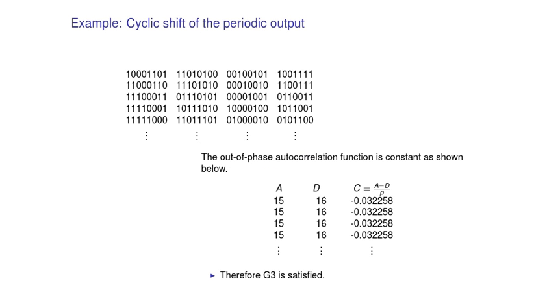So when we do that shift, then we compute the agreements and disagreements. So consider line 1, and then line 2 is one shift to the right. Everything will be shifted by one bit to the right, and the rightmost bit will come to the leftmost position.